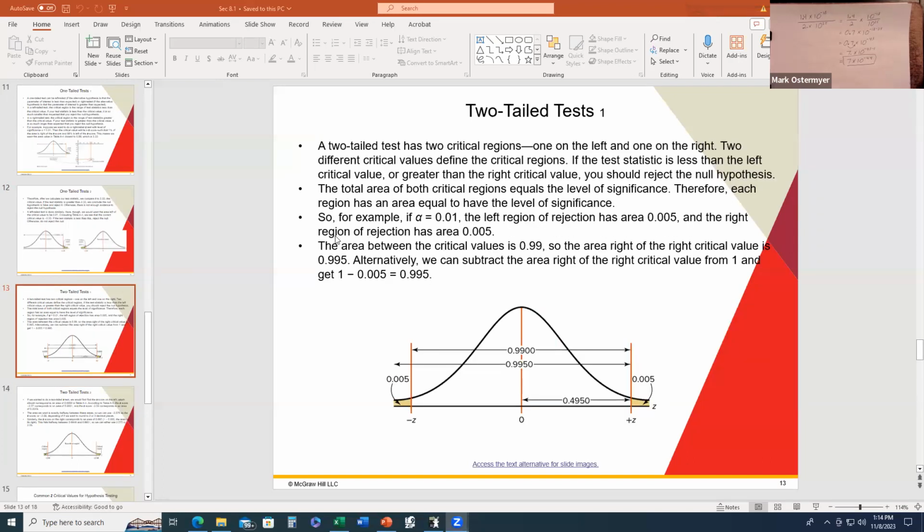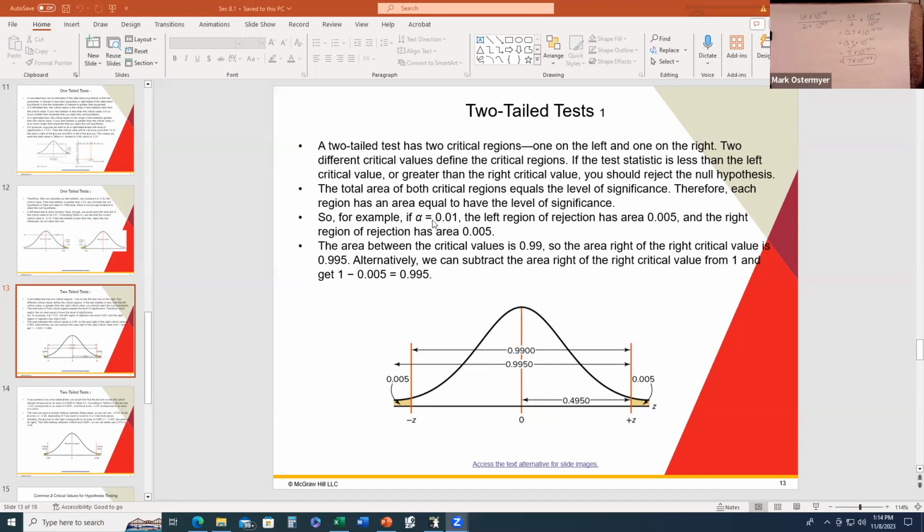What if, however, we are conducting a two-tailed test? A two-tailed test is going to have two critical regions or two rejection regions. And the region in between those two rejection regions will be the acceptance of the null hypothesis region. So suppose that we have a two-tailed hypothesis test and we're testing at 1%.